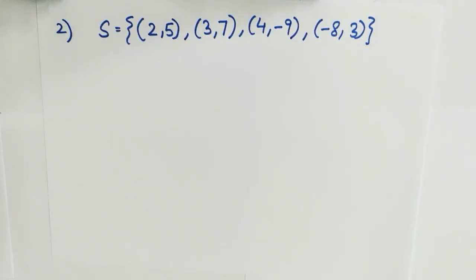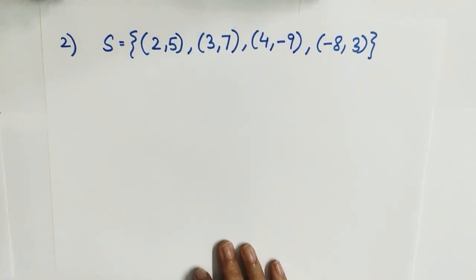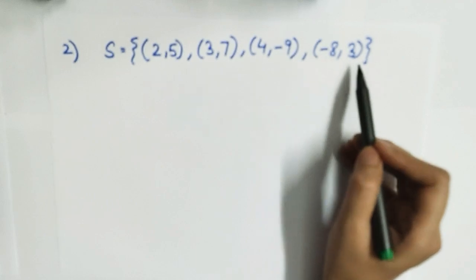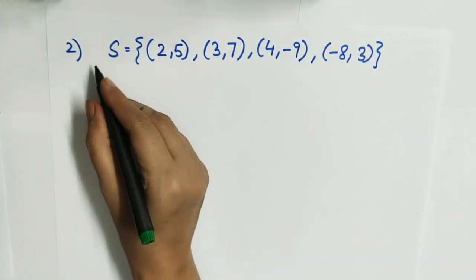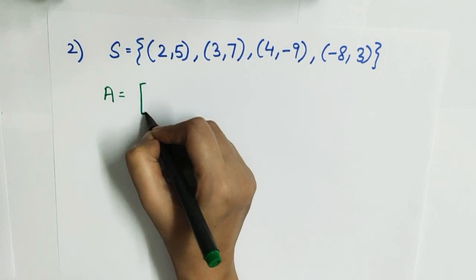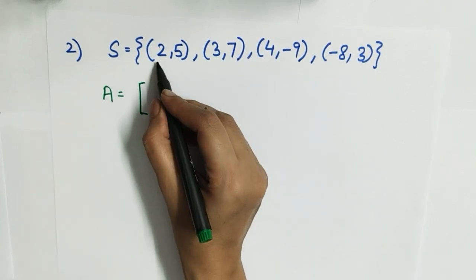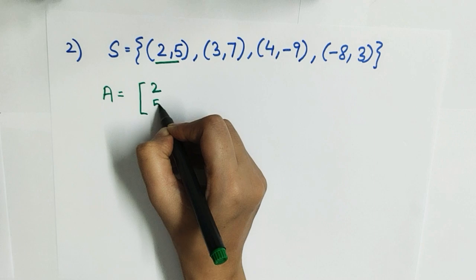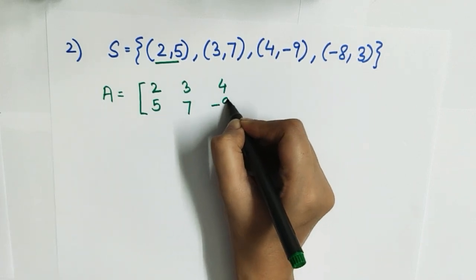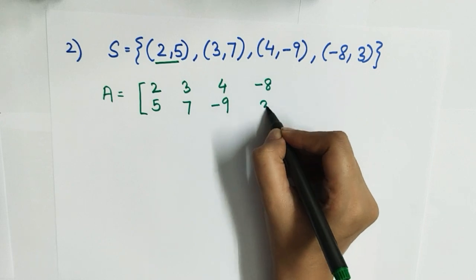Next, we take up another example. Now here I have taken S to be (2, 5), (3, 7), (4, -9), (-8, 3). Again, we construct A, a matrix whose columns are vectors of S. The first vector is (2, 5), so this is my first column. Then (3, 7), (4, -9), (-8, 3).